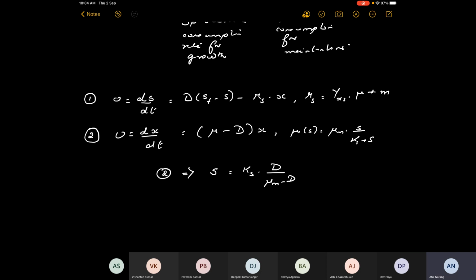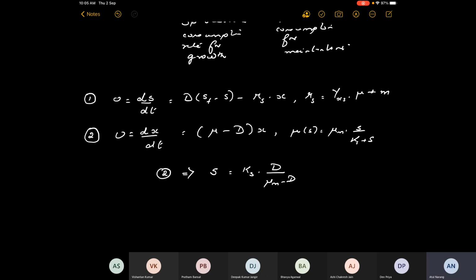But X is no longer the same. Why? Well, go back to equation 1. If you recall what we did to get X, we multiplied equation 1 by Y_XS and then added that to equation 2, but all that will not work right now because the terms will not cancel out.